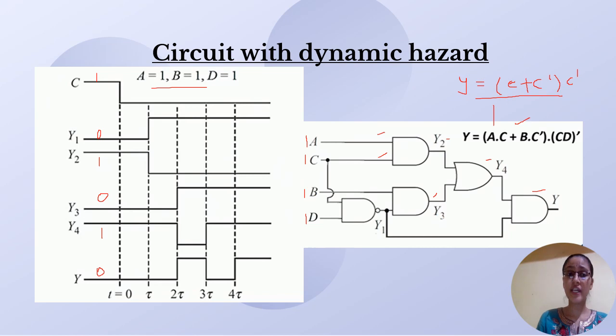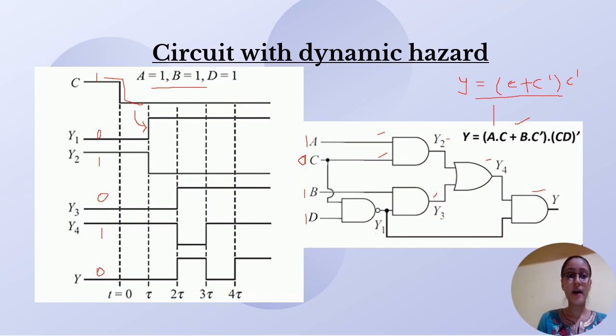Now if I change this C from 0 to 1, let me see what happens. So this has now become 0, so CD, that is 0, 1, we should have the output Y1 to be 1. That occurs after some time tau, and this Y2 is 1 and 0, that is 0.